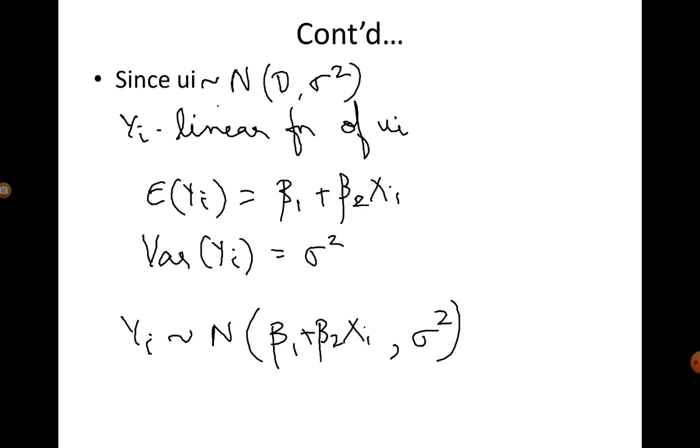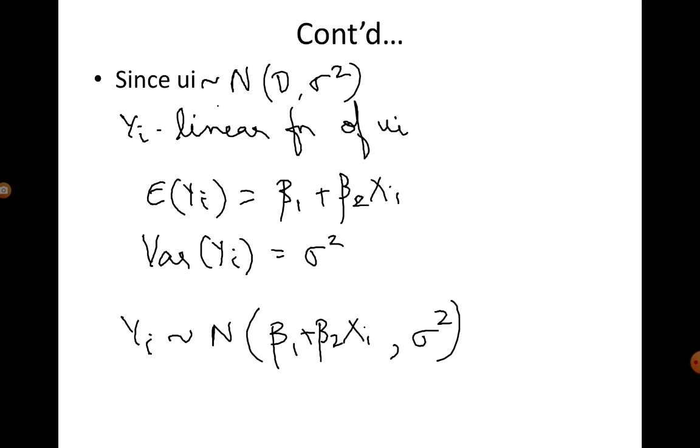Right? Finally, just note that the assumption I made was that ui follows a normal distribution with mean 0 and variance sigma square. And like we have been saying, since yi is a linear function of ui, even my dependent variable yi automatically is a normally distributed variable.